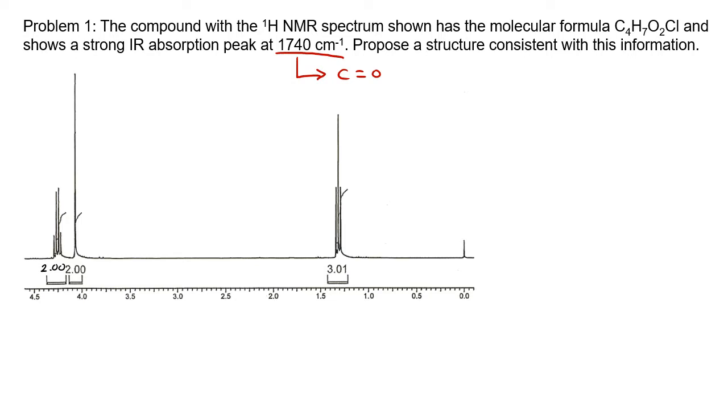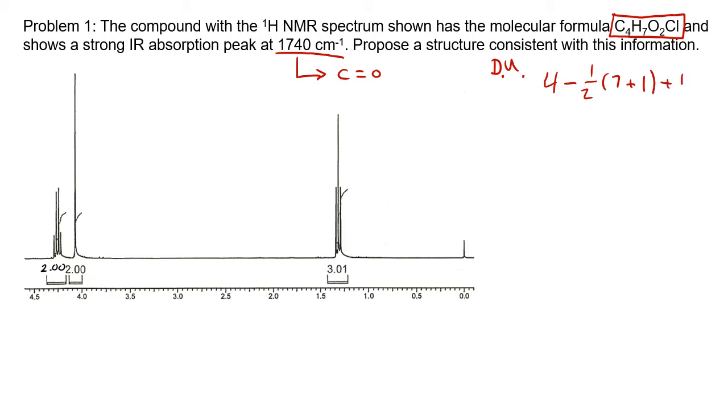Since we have a molecular formula, we should go ahead and calculate degrees of unsaturation. That will give us a better idea of what kind of formulas we might propose. So this would be 4 carbons, and then we're going to subtract from that half the number of hydrogens, which is 7, and add the number of halogens, which is 1.